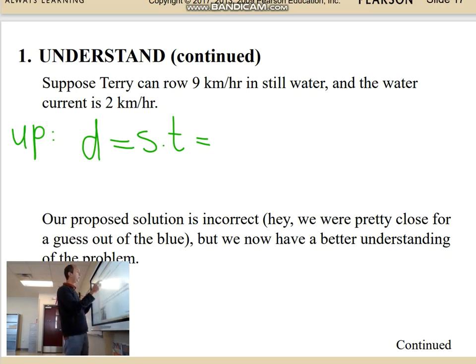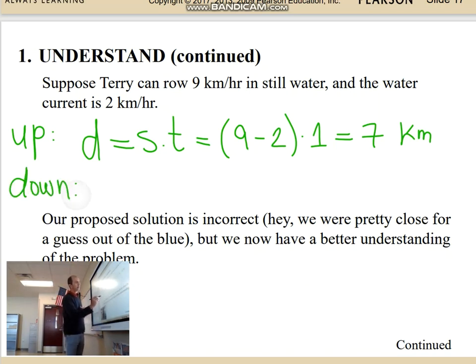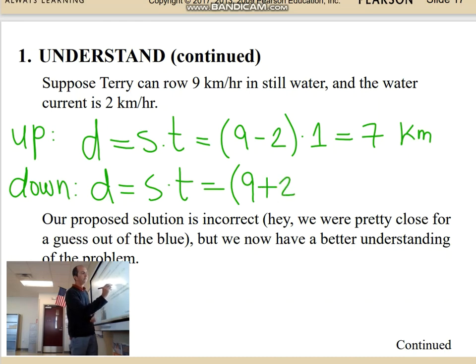You're going to have the speed or the rate equals 9 minus 2 times 1 hour. And this is going to be 7 kilometers of distance upstream. And downstream, the current is now helping, so you have to add the current, times 1 hour, and it is 11 kilometers.